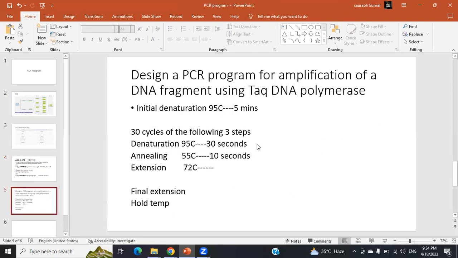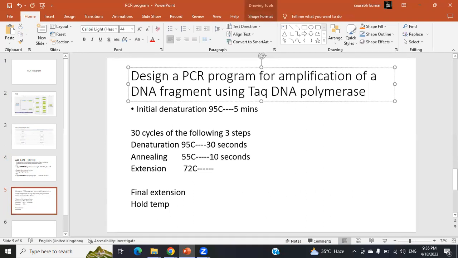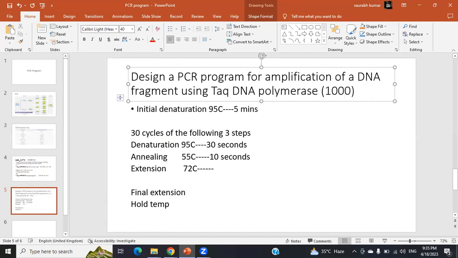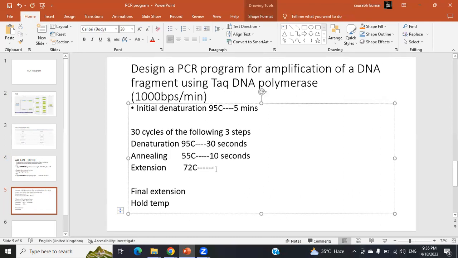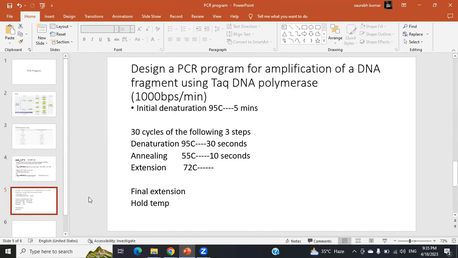So when you're using this enzyme, Taq polymerase, it can do amplification of 1000 base pairs per minute. So accordingly, my fragment size is 1104.